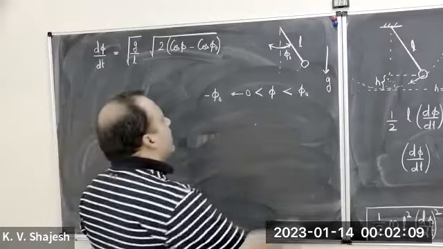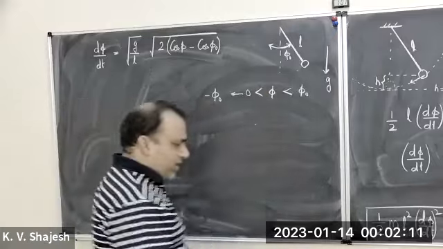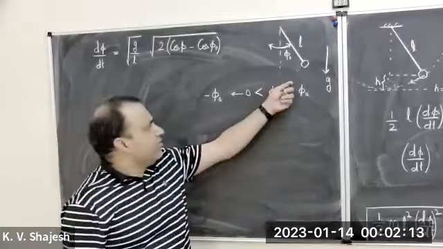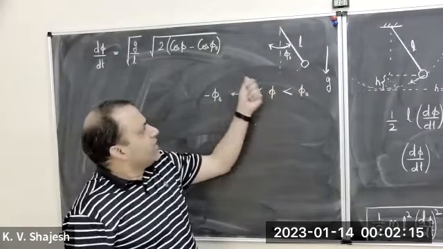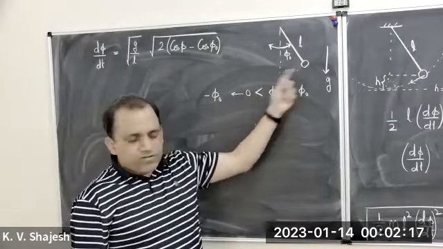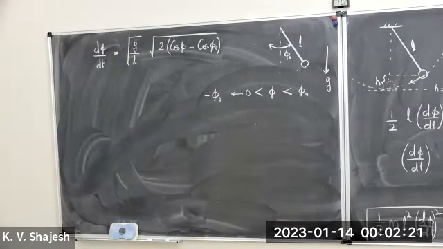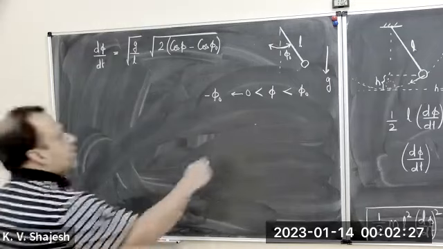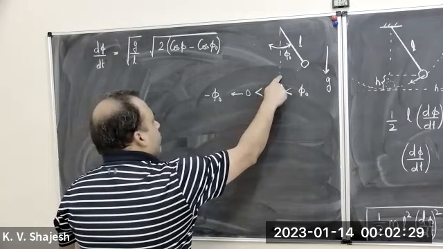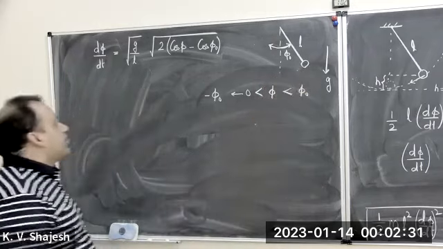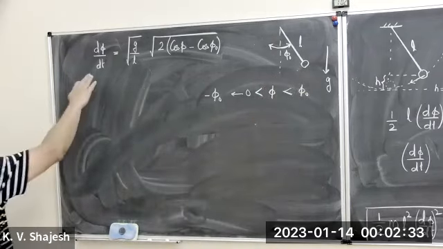By symmetry, it is not really necessary to do this, but we can say it is 0 to phi naught, 4 times. There is no other dependence coming up, so the time period will be going from 0 to phi naught and multiplying it by 4.